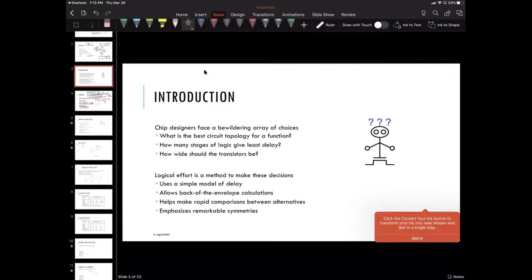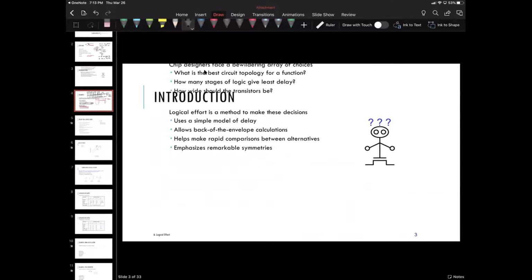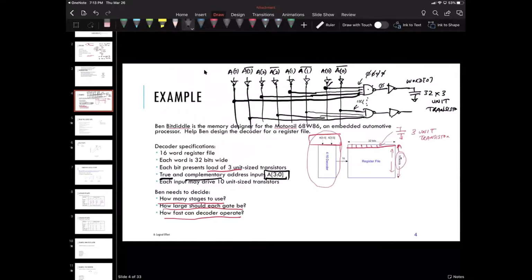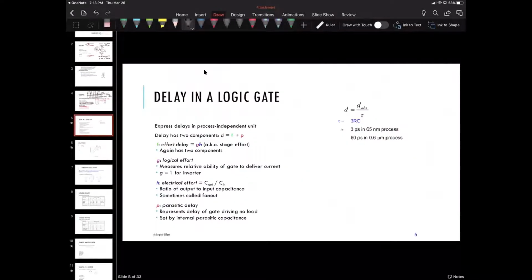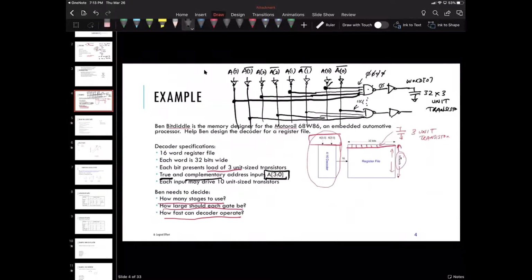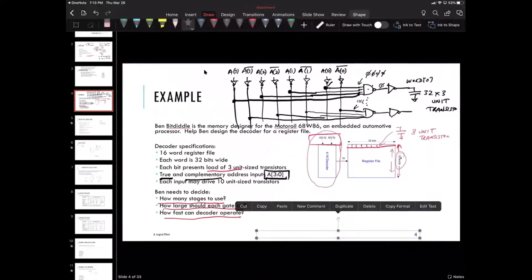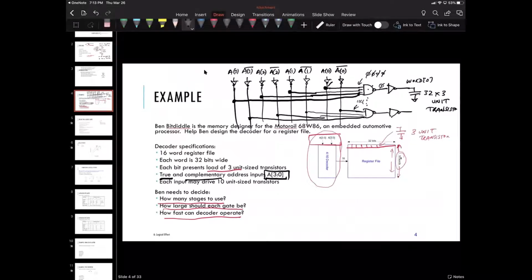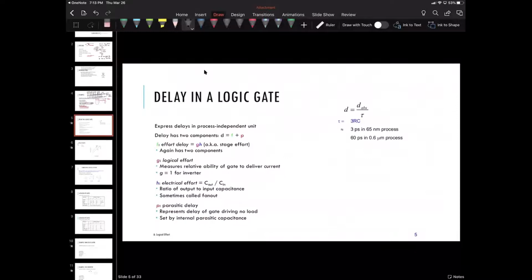But when we have multiple stages, we've got an issue. So we come up with this method, which is commonly used, called logical effort.